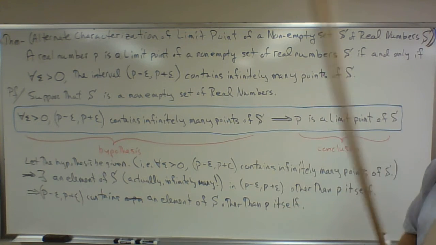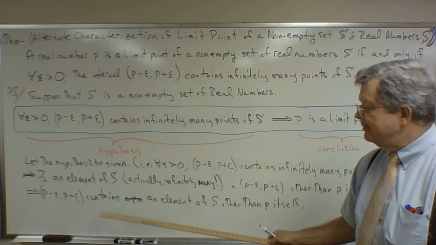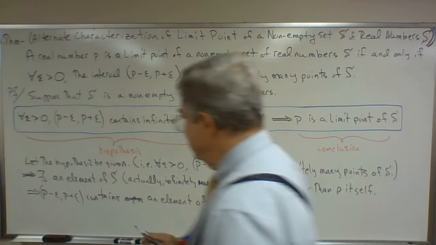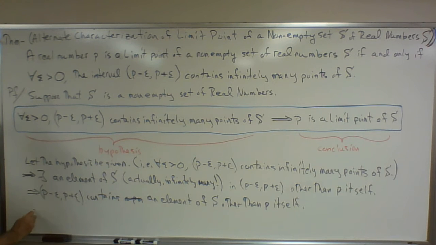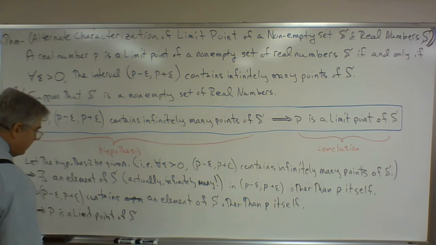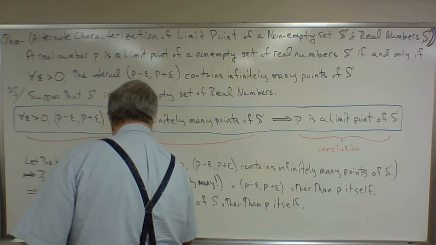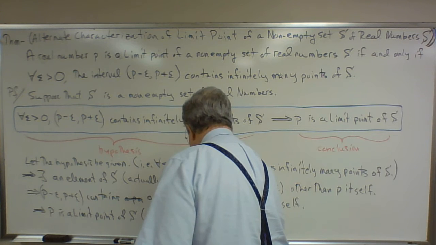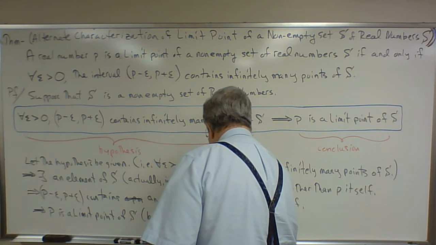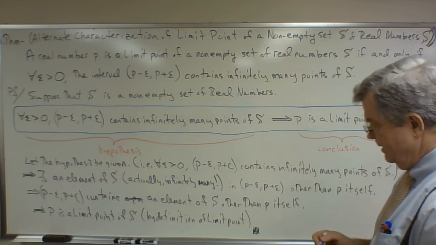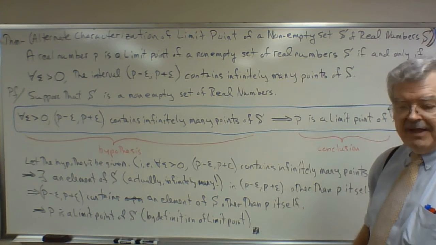So this means that the interval (P minus epsilon, P plus epsilon) contains an element of S other than P itself, and that by definition means that P is a limit point of S. So that's the end of the first half of the proof.